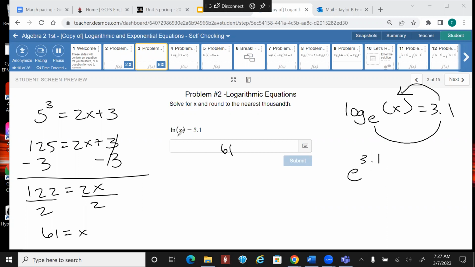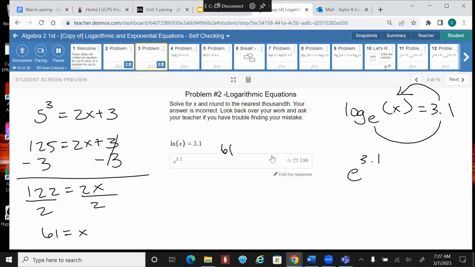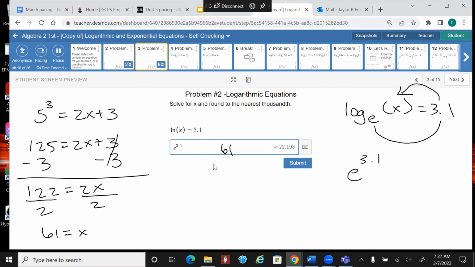Okay, so in here you can type e to the 3.1. 22.19. And it said round to the nearest thousandth place. And so it's going to give me 22.198.